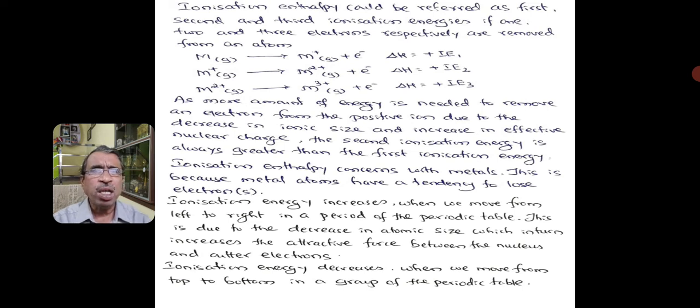Ionization energy or enthalpy increases when we move from left to right in a period of the periodic table. This is due to the decrease in atomic size, which in turn increases the attractive force between the nucleus and outer electron. Ionization energy decreases when we move from top to bottom in a group of the periodic table.